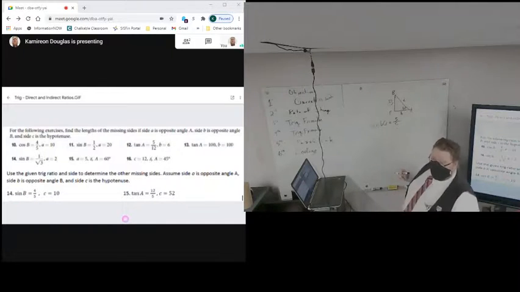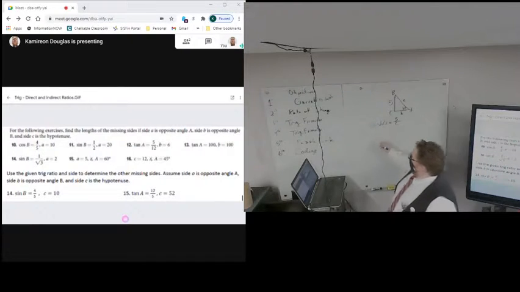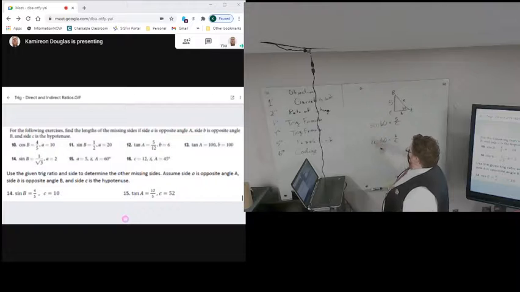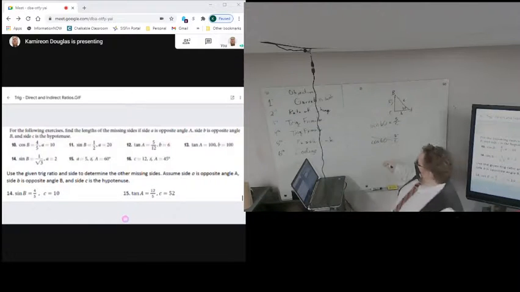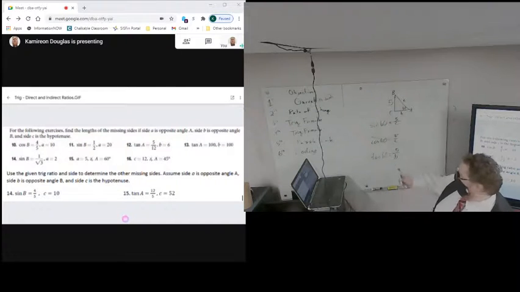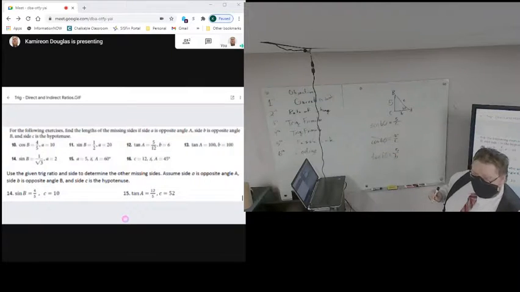This is a good setup for us to do this problem, because I should use a calculator to do sine of 60. I can do the same thing with cosine. The problem is cosine is not very good for this, because I'd get b over c, and that's 2 variables, not good. I can also do tangent of 60, which would be 5 over b, which again is a known value from a calculator, a known value from the problem, 1 variable. I could solve this with a calculator very easily.